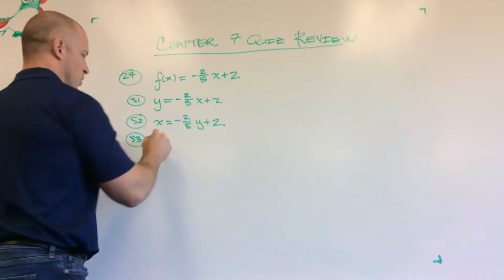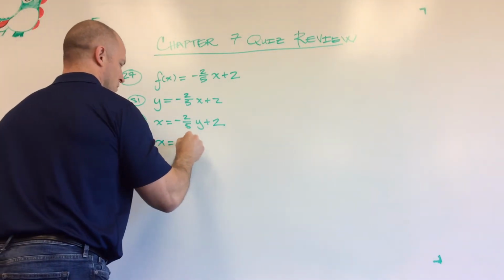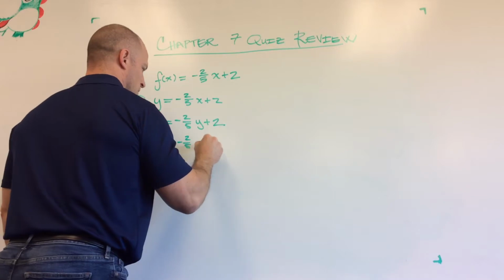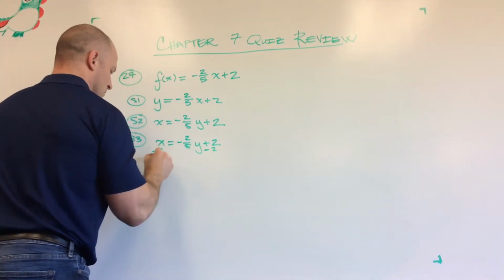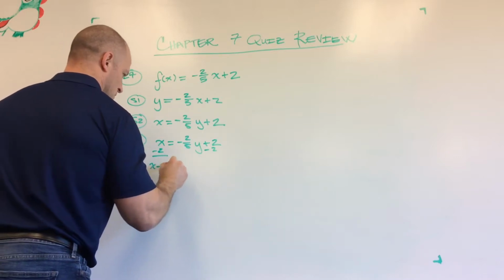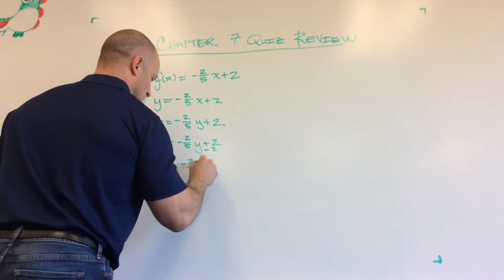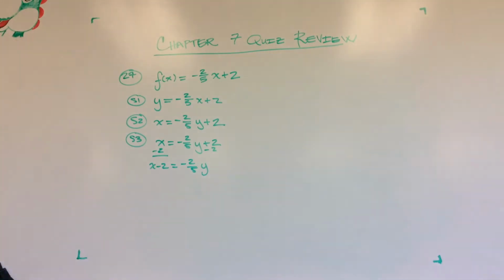We can subtract 2, well, let's rewrite it. We'll subtract 2 from both sides. Now here, we're multiplying y by negative 2/5 initially. So what we can do is just multiply by the reciprocal.